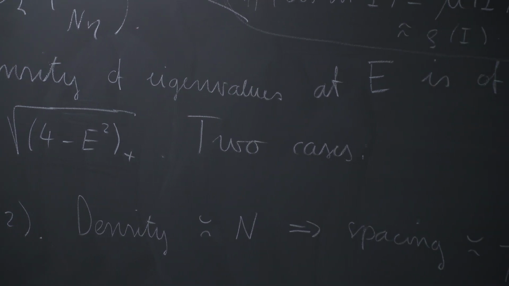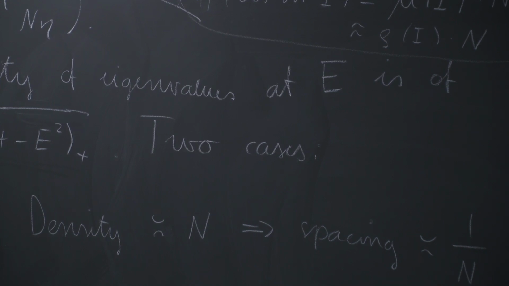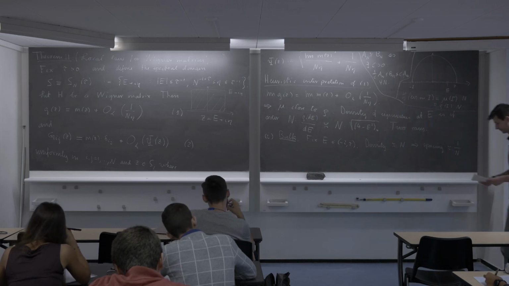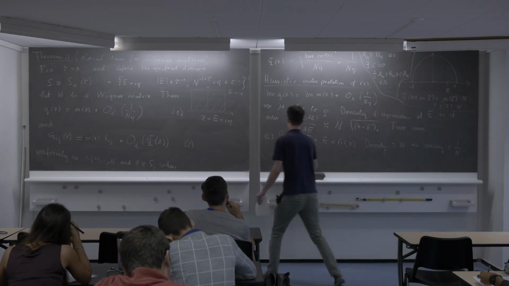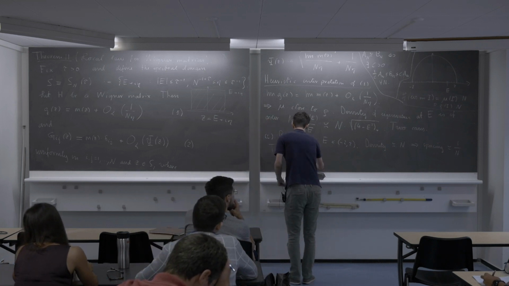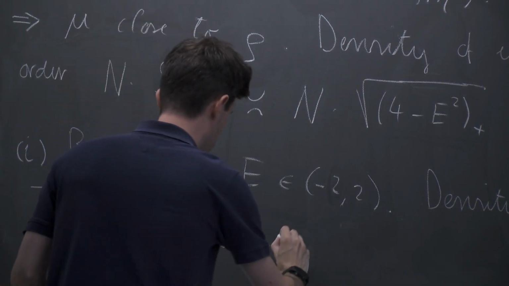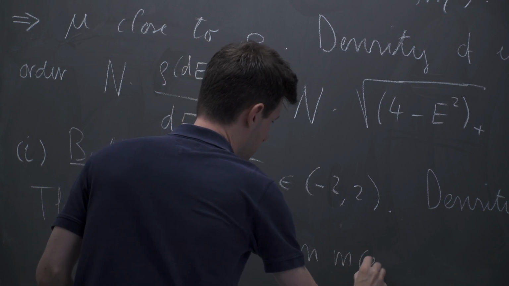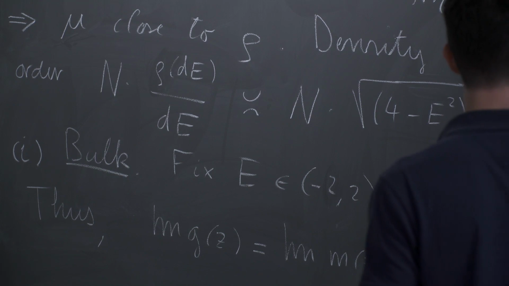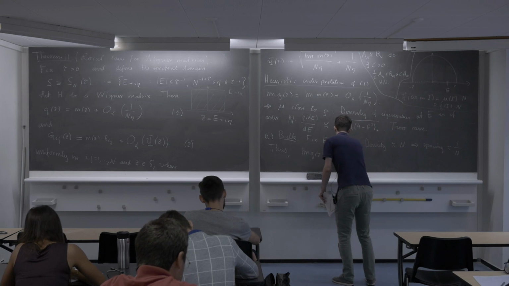If you have a location where the density of eigenvalues is of order n, the typical distance between 2 consecutive eigenvalues is 1 over n. This means that the imaginary part of g of z is equal to the imaginary part of m of z, which is of order 1.